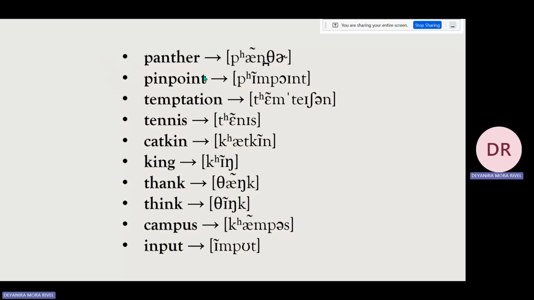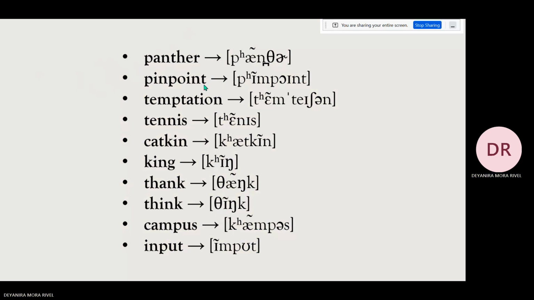Pinpoint. This word is a compound word. It has pin and point, but still the stress is in the first one, in pin.